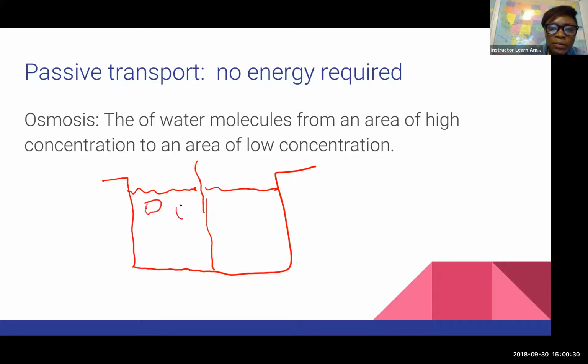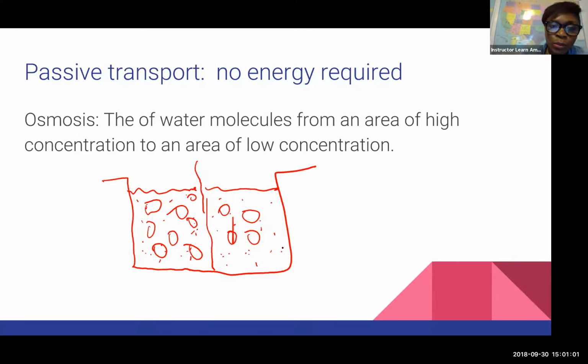Let's put a couple molecules here, but surrounding them, we'll have water molecules. My dots are going to represent my water molecules. All right, and let's put some more substance in there. And I'm going to put some substance over here also. And the small dots are representing water.